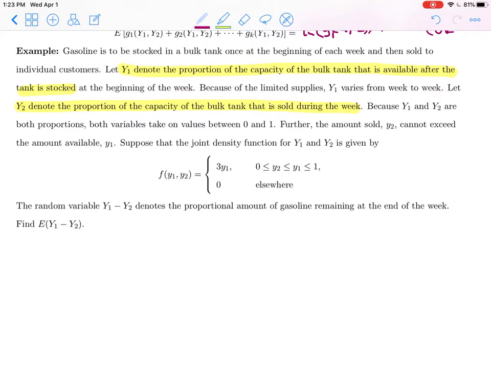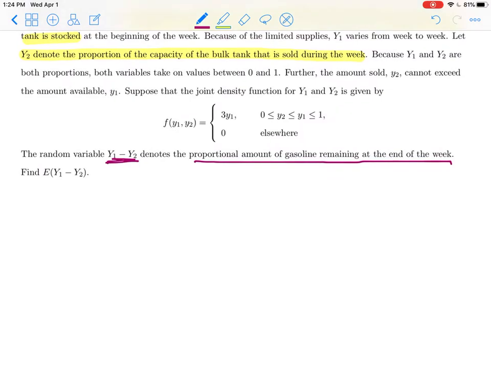Right? So that difference between Y1 and Y2 is going to be the proportion of the amount of gasoline that's remaining at the end of the week. At the beginning of the week, it was stocked with Y1. Over the course of the week, we sold Y2, and so that difference is whatever's left. And so we want to know how much do we expect to have left over at the end of the week.